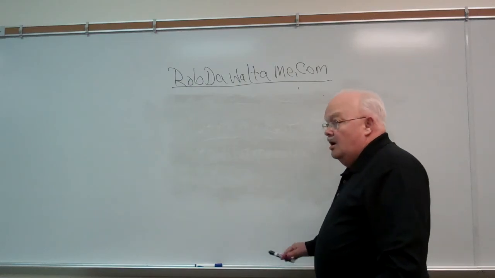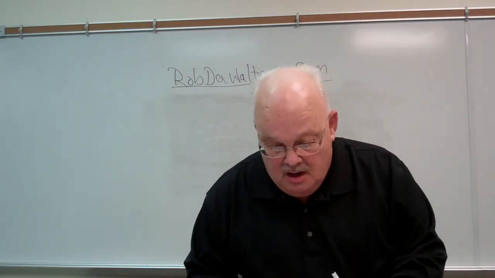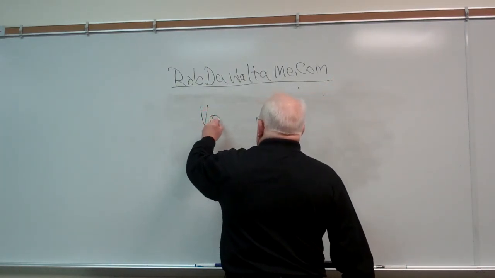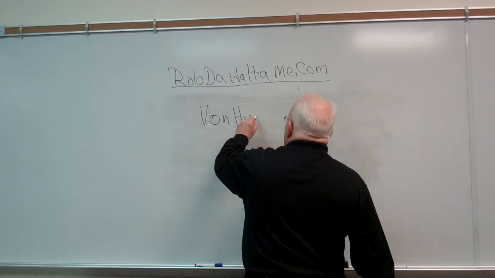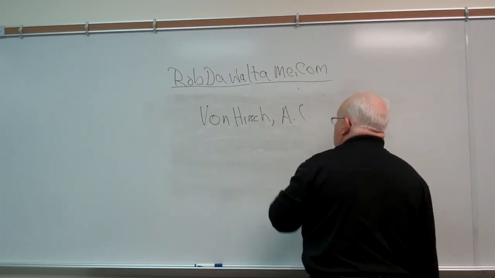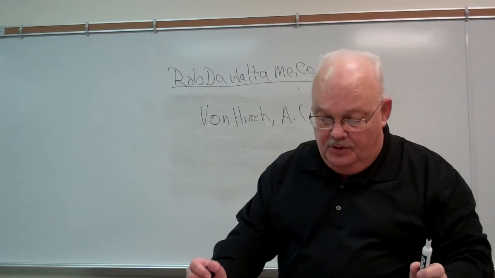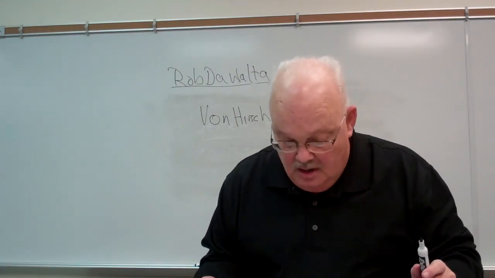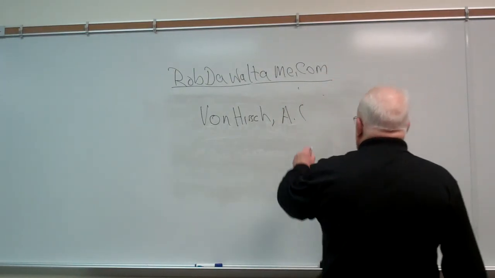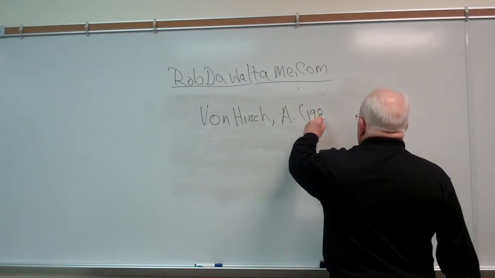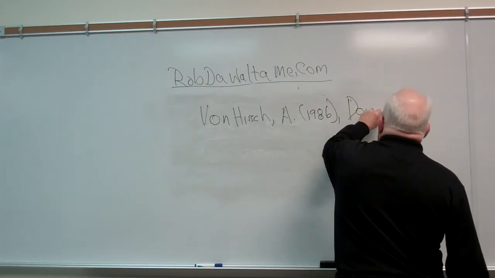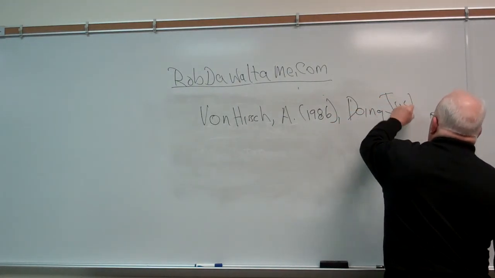There's a guy here named Andrew von Hirsch, and he came out with a book, Doing Justice, in 1986. I'm working a little bit here on trying to help you with your APA citation. It's a nice short title so we can hit it real quick.